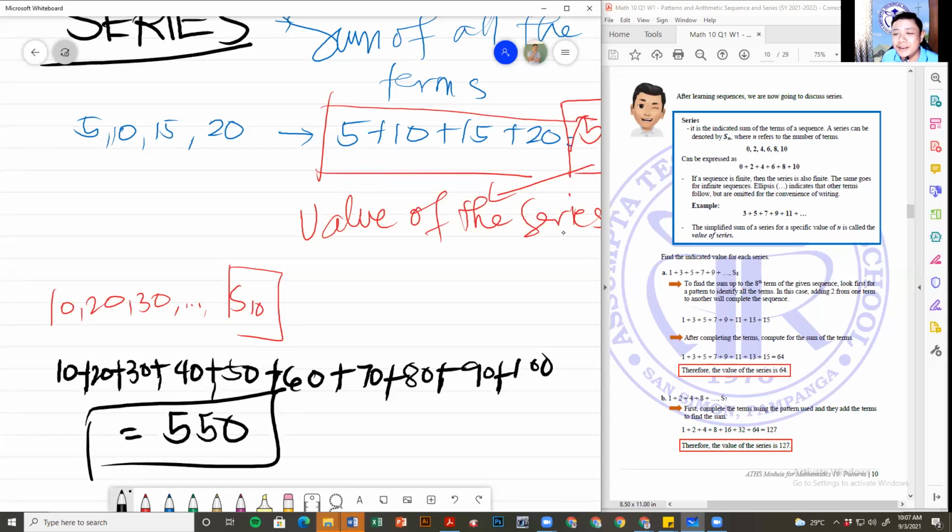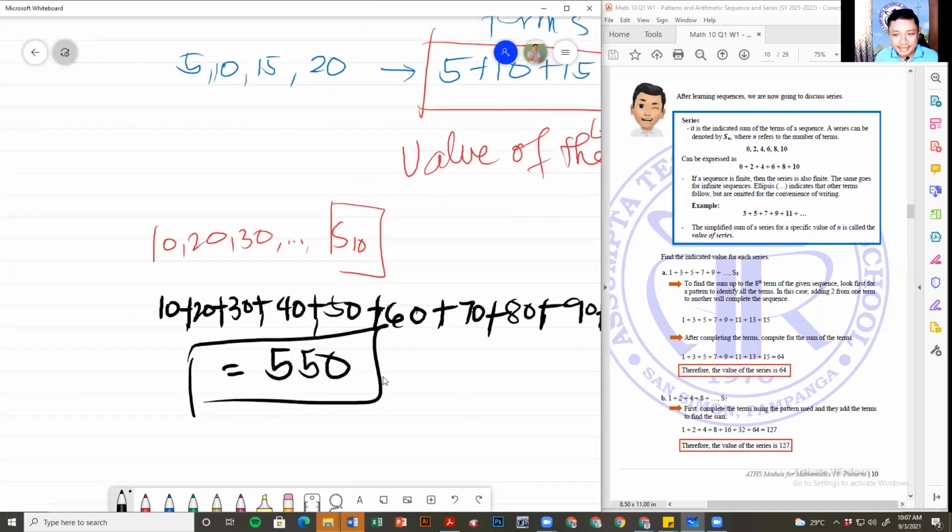Okay. Is it 550 or 440? Kulang yata ito. The correct answer is, paki-double check nga. Okay, it's 550.